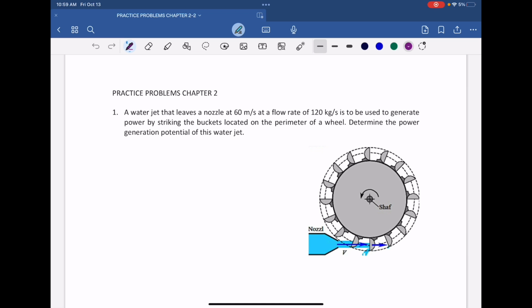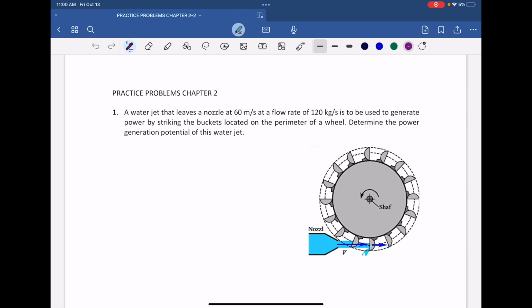So whatever the mechanical energy of that flowing fluid is will be converted to mechanical work. Therefore, the maximum power that can be generated by this fluid is directly equal to the kinetic energy of that fluid.